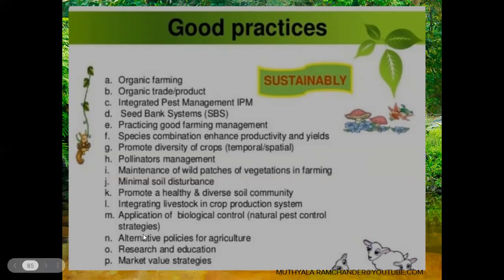These strategies are also the major source of good practices for the agrobiodiversity.